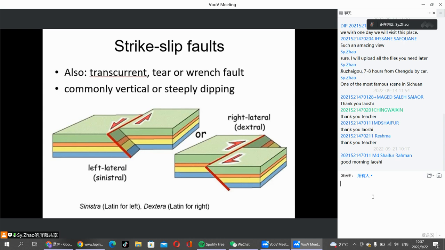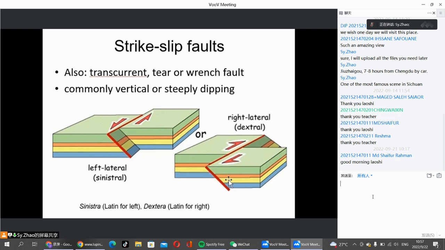And strike slip fault is a fault on which the movement is along the strike of the fault horizontally. And how can we identify whether it is a left or right lateral fault? It's very simple.